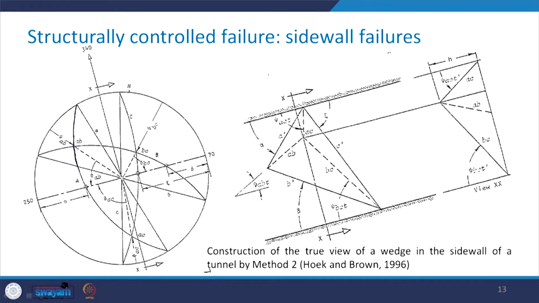This is the first great circle, which we denote by great circle A. Then this is the second great circle, denoted by great circle B. And the third one is this one, that is great circle C.